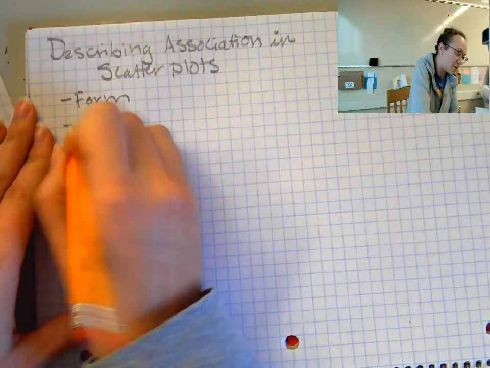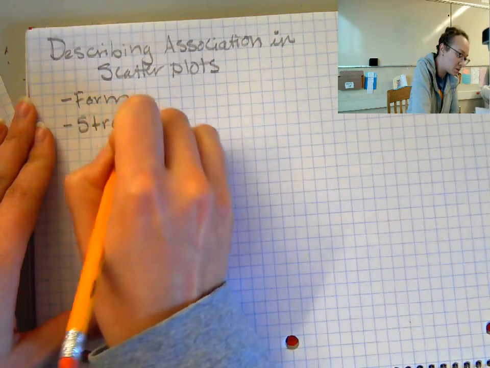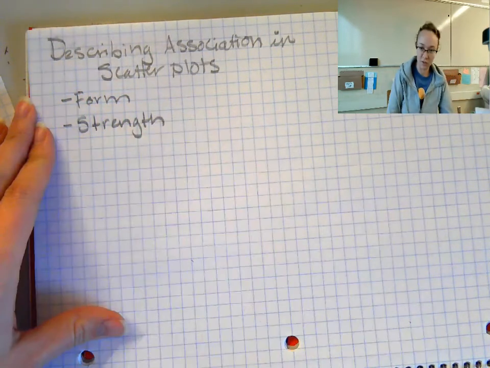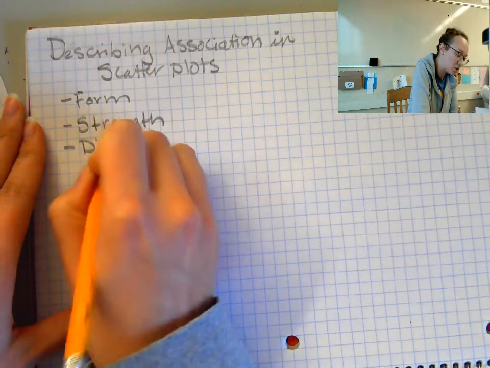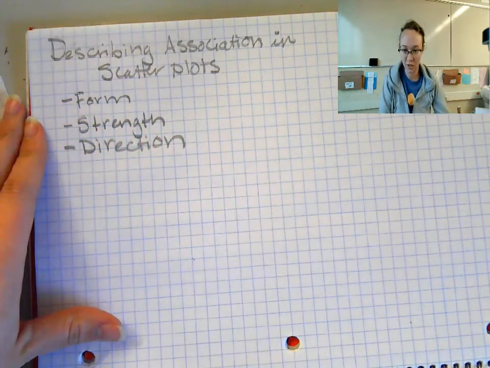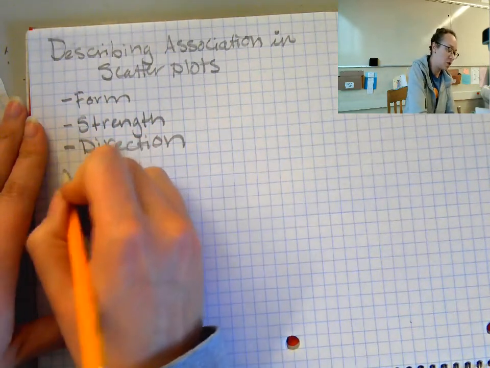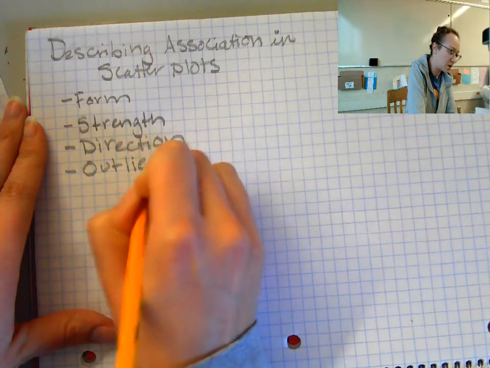You need to describe the strength of the association. You need to describe the direction of the association, and you need to address whether there are any outliers.